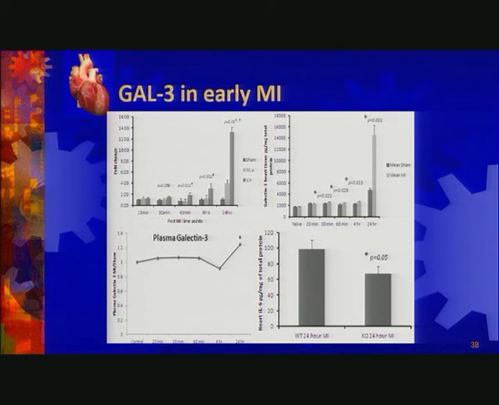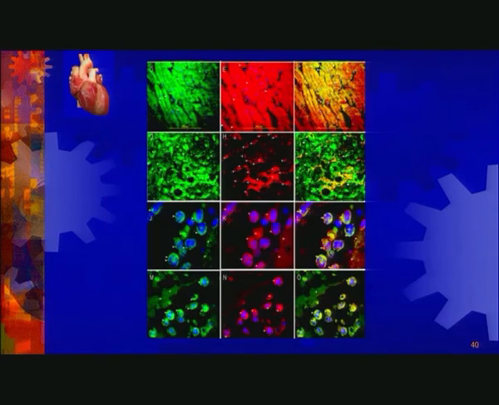That's why monitoring its level is very important for heart failure and for the sequelae of heart failure. And we identified that galectin-3 is not only secreted by cardiac myocytes, but also by endothelial cells and many inflammatory cells.